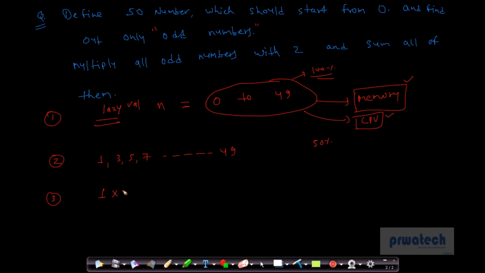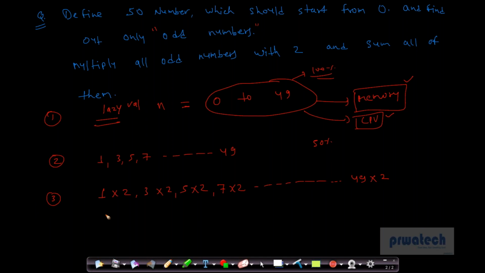So 1 multiply 2, 3 multiply 2, 5 multiply 2, 7 multiply 2, and this will go until 49, 49 multiply 2.